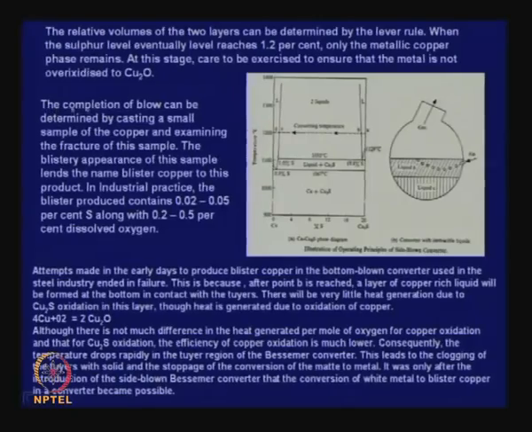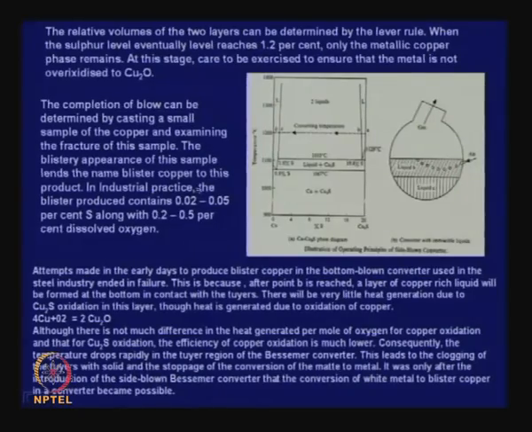The completion of blow can be determined by casting a small sample of the copper taken from here and examining the fracture of the sample. The blistery appearance of this sample lends the name blister copper to this product.